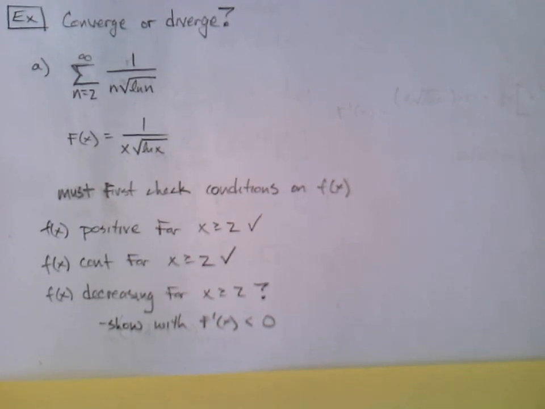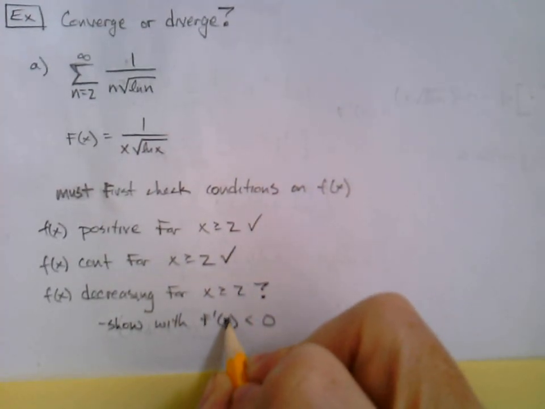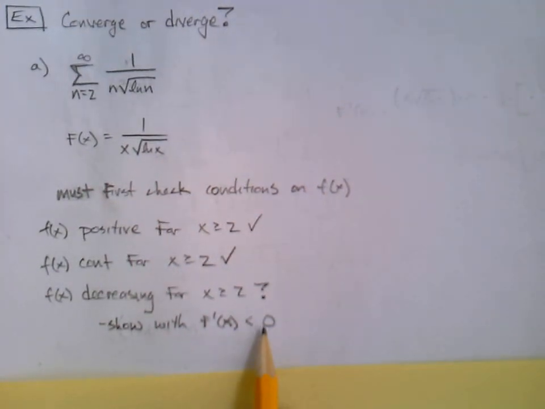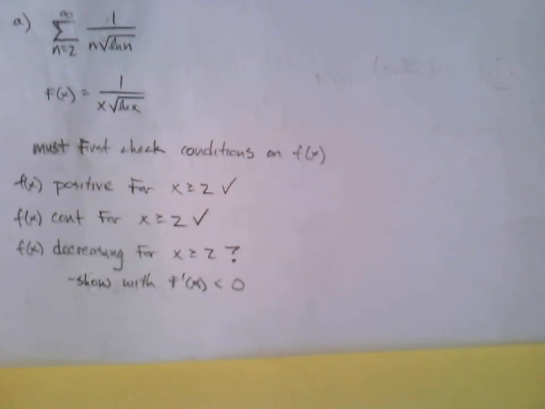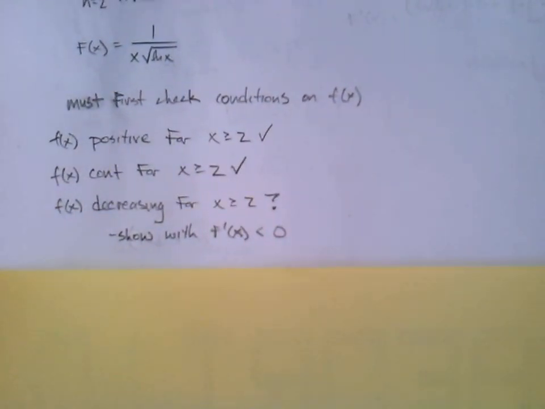We're going to show that f of x is decreasing, and no one will be able to argue with us if we show that f prime of x is always less than 0 for x greater than or equal to 2. Sorry, that's a little bit blurry, but I think you get what I'm saying. So there is math to do for the decreasing piece. We're going to show the derivative is negative. Okay, let's go for it.